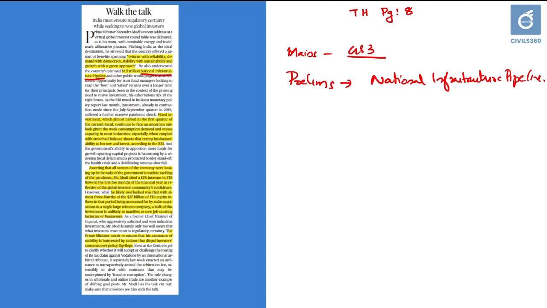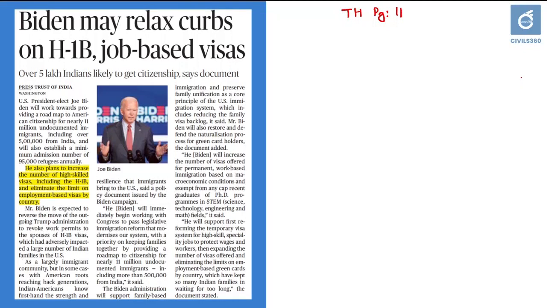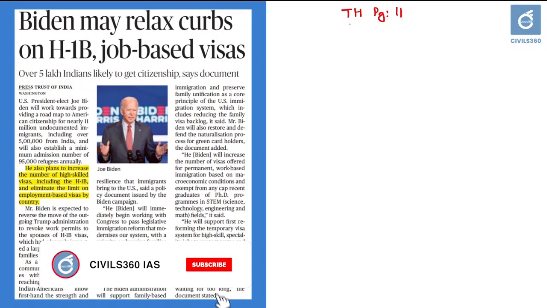There can be a direct question on what is national infrastructure pipeline, or which of the following definitely define national infrastructure. There can be a question related to that. Okay, follow that also.